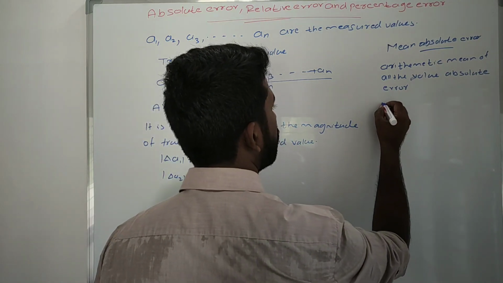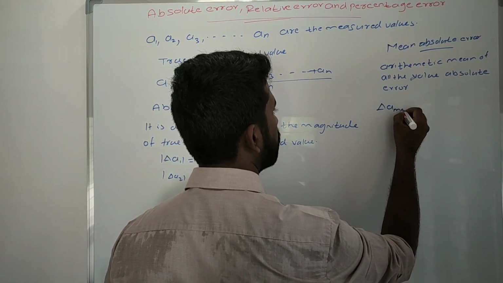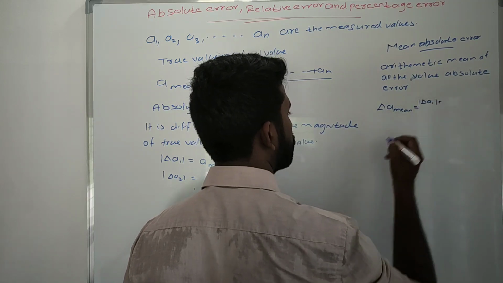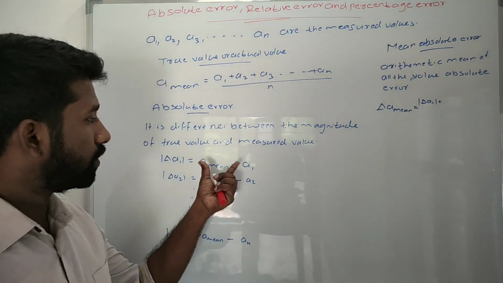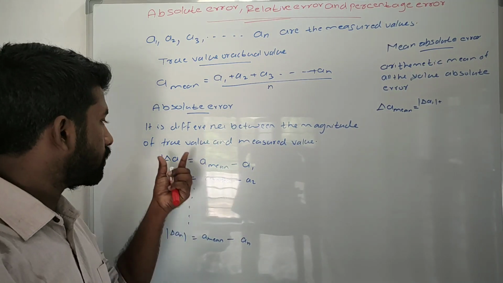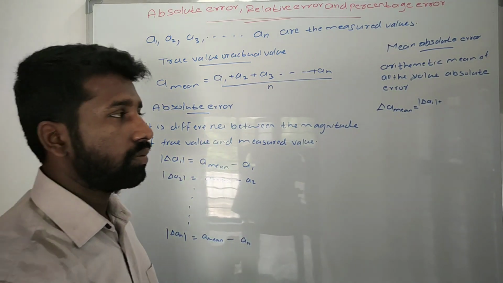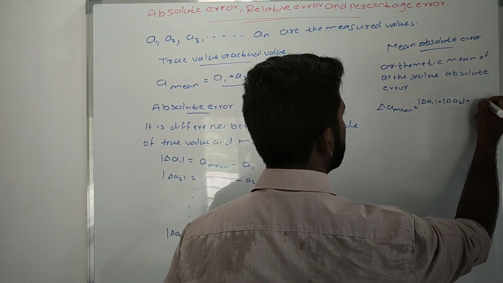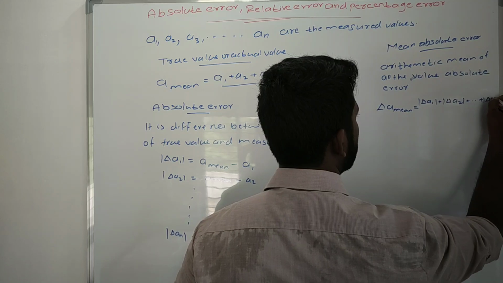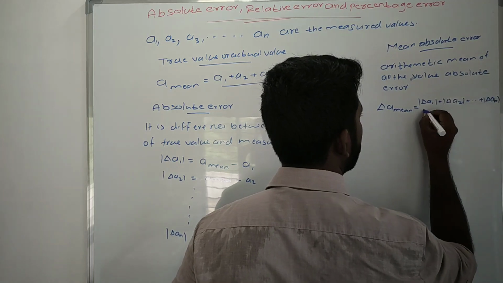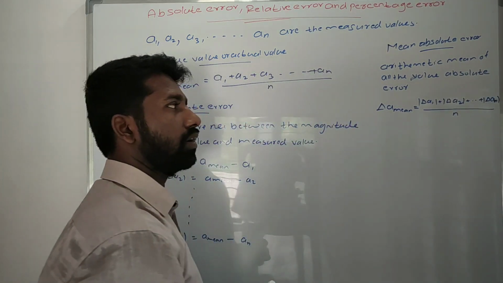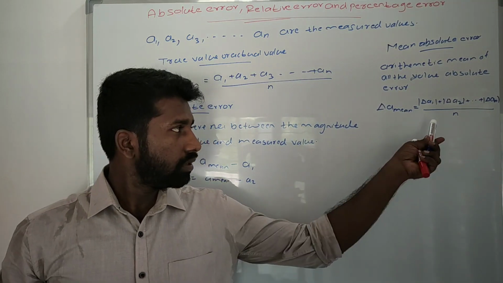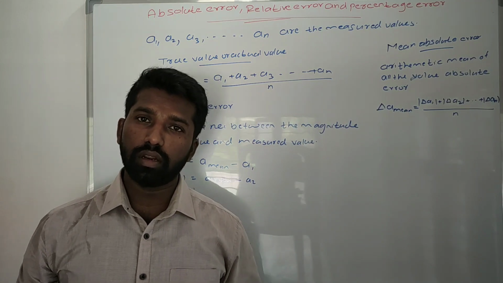That is represented by delta A mean, which is equal to modulus of delta A1 plus modulus of delta A2 up to modulus of delta AN, whole divided by N. This is a modulus, which means whether it is minus or plus, the absolute error is positive. Clear? This is the mean absolute error, the maximum possible error in a measurement.